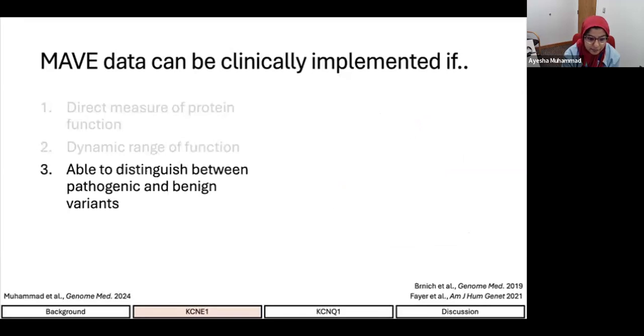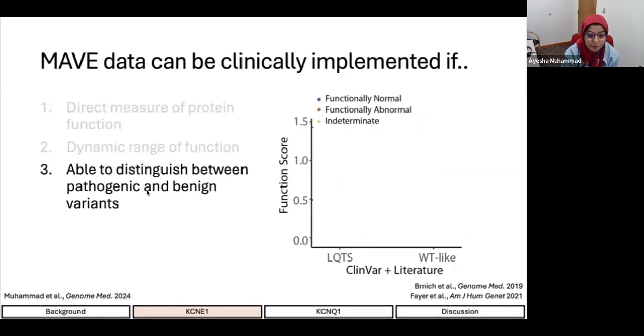The third criterion is that it's able to distinguish between pathogenic and benign variants. So previously known pathogenic and benign variants associated with long QT syndrome or having wild type like function are represented on the x-axis, and the function score is represented on the y-axis.